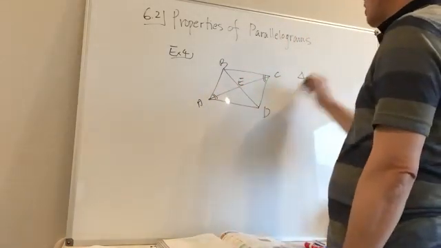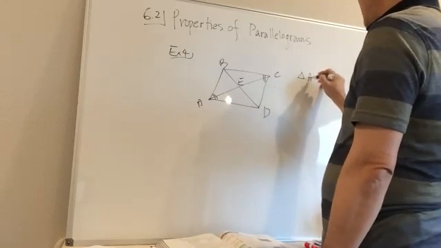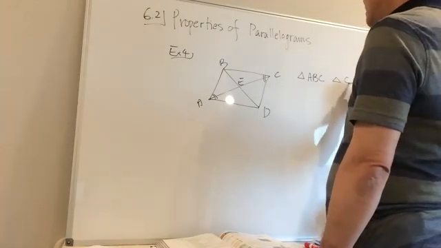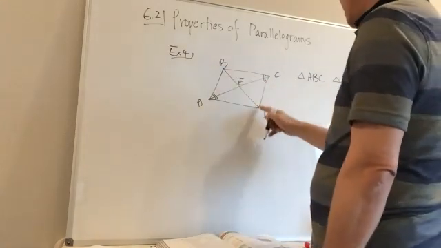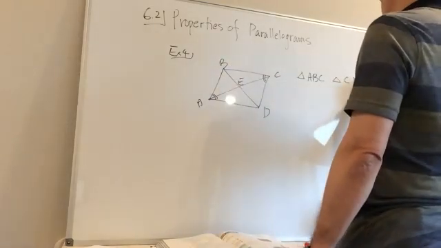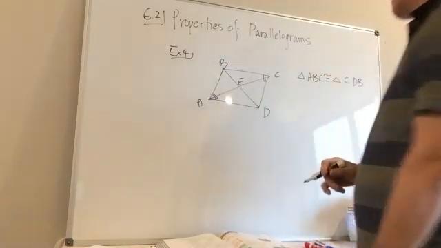So let's see if we can try to prove that triangle ABD and triangle CDB are congruent.